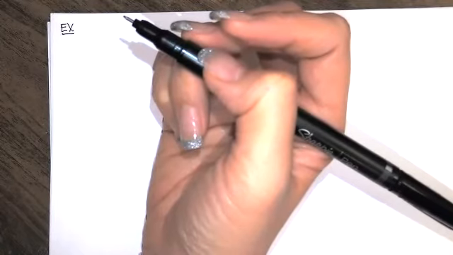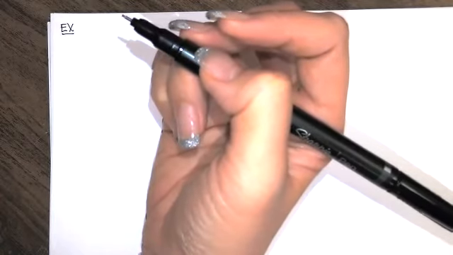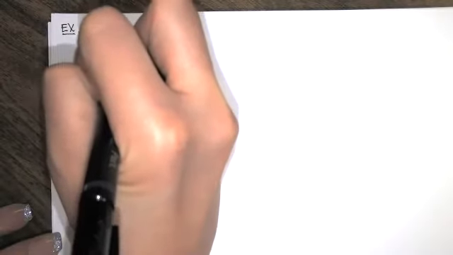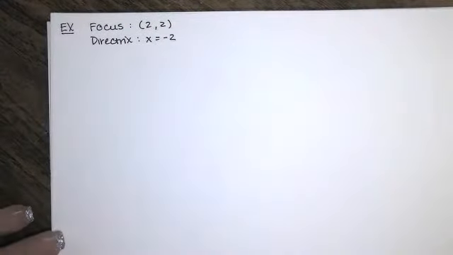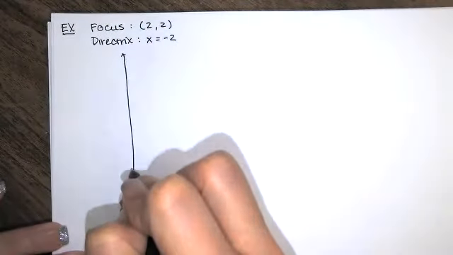Let's say someone gave you this information. We've got a focus at x equals 2, y equals 2, and the directrix is given by the equation x equals -2. Okay, I'm going to do the same thing.